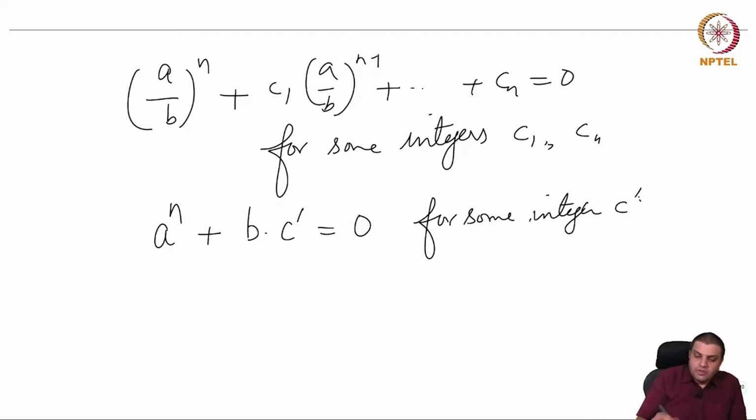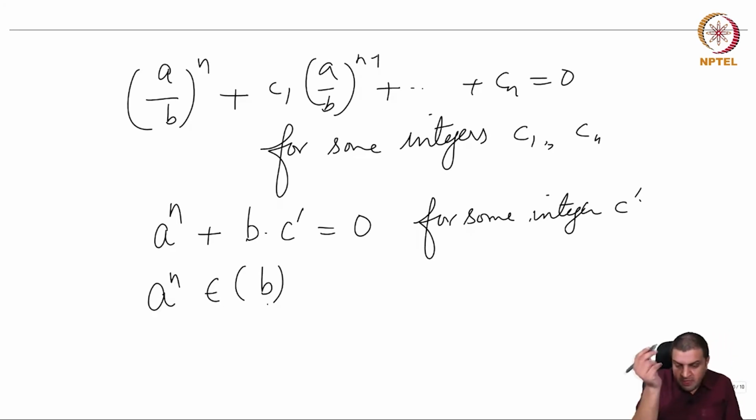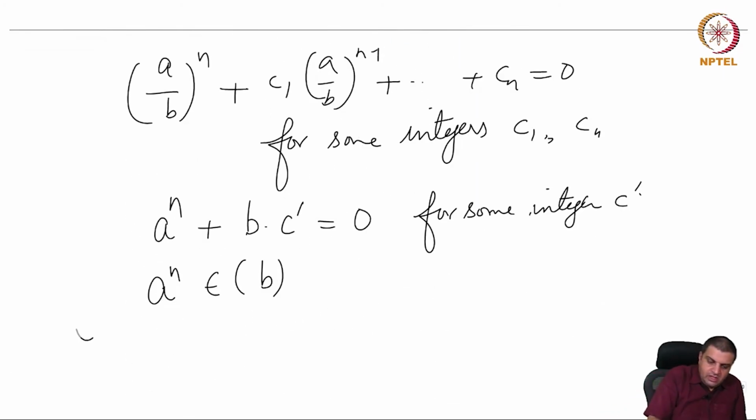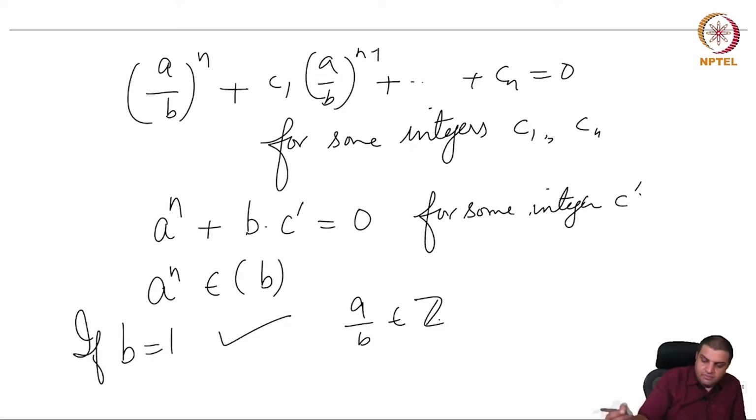What does this say? This says that a to the n is in the ideal generated by b. Now, if b is 1, there's no issue because this is true, and then a over b is actually inside Z.